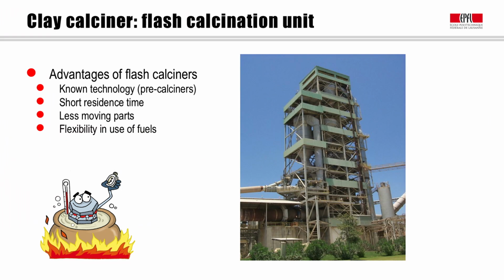We also have flash calciners. This is also a well-known technology. It can even be done in an adaptation of a pre-calcination tower at a cement plant. The advantages are you have shorter residence time, fewer moving parts, and now there is also the possibility to have flexibility in the use of fuels.